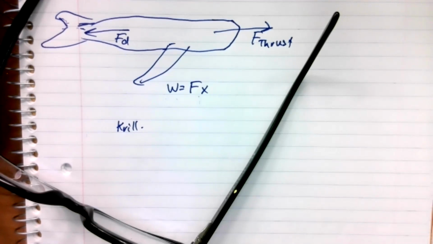Animals are the same way. We're not 100% efficient. When you eat a sandwich, some of that energy goes into just keeping you alive, keeping your muscles warm, pumping blood through your body. So that's what we need to find: how much energy do you get from food that you can actually use for something like swimming?